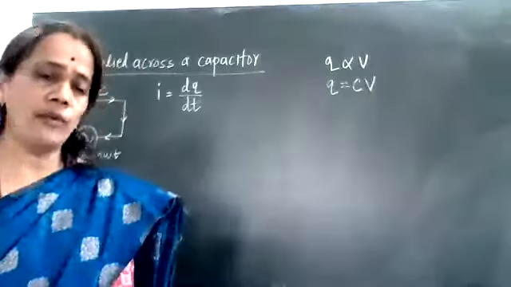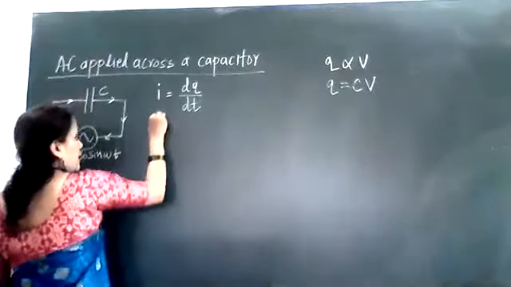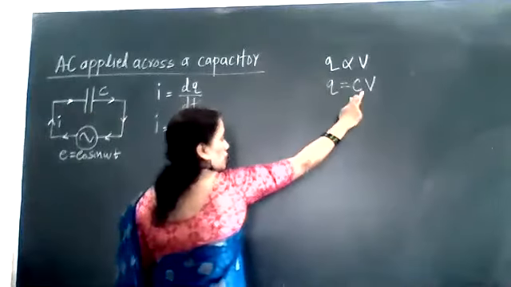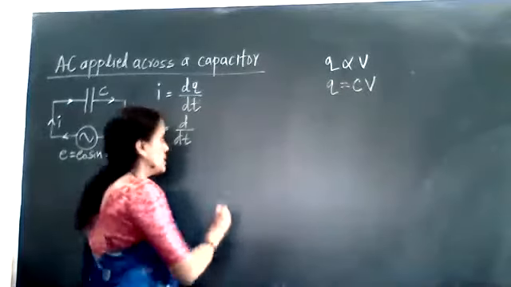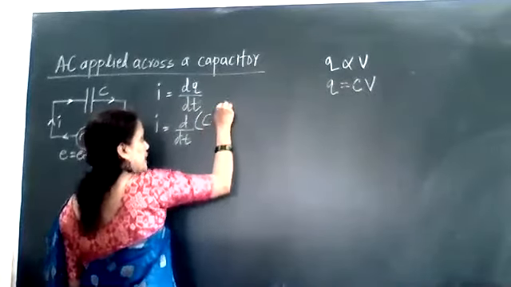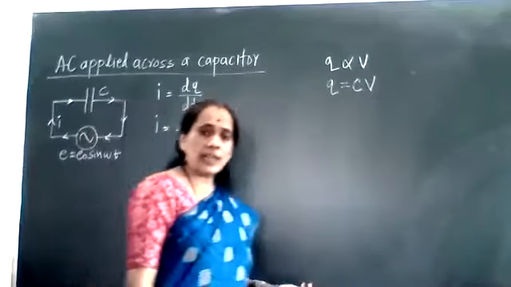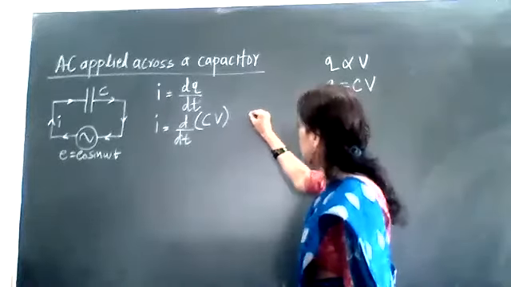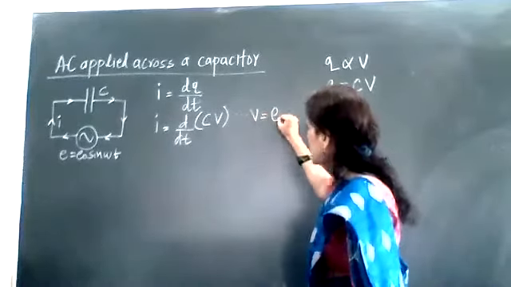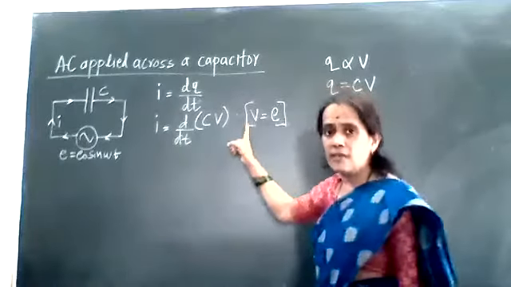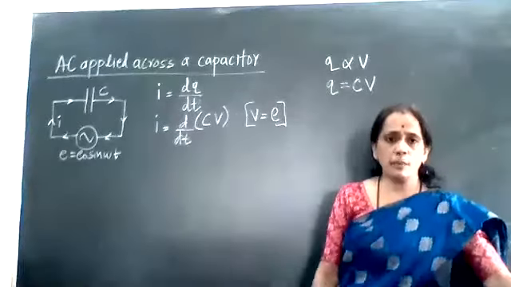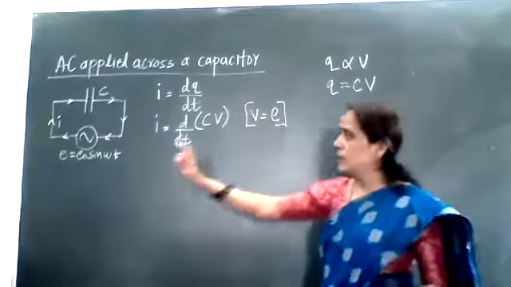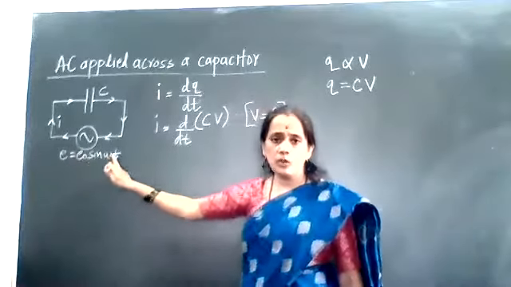So in that, now I am going to substitute I is equal to d/dt of your Q value. In case of capacitor, Q is equal to CV. So I am going to write down here CV. Now V is nothing but the potential developed across the capacitor. So this potential developed across the capacitor is nothing but equal to the EMF which is applied across the capacitor, and your EMF applied across the capacitor is E is equal to E0 sin omega t.